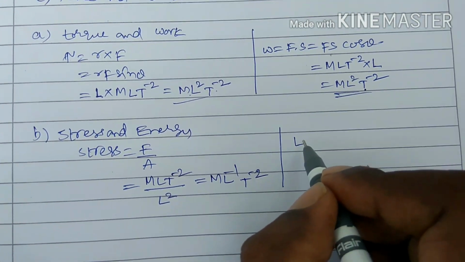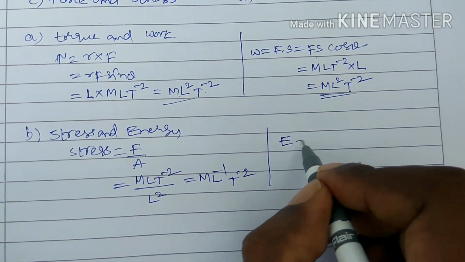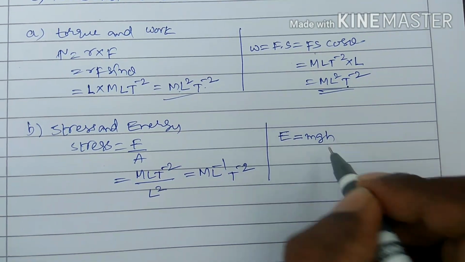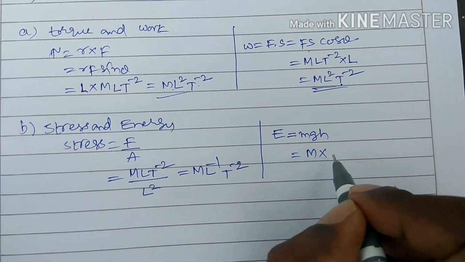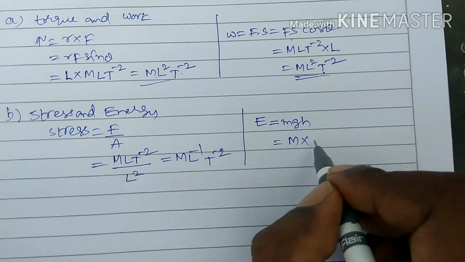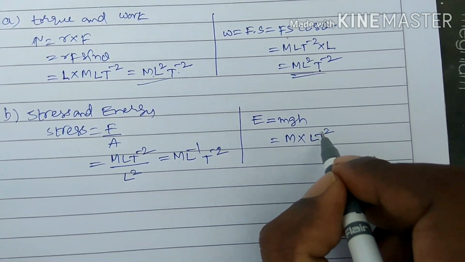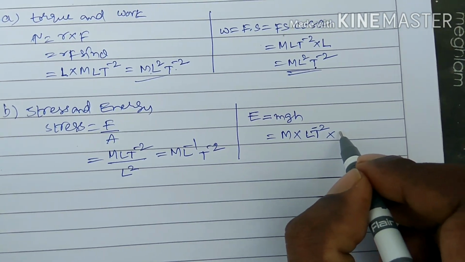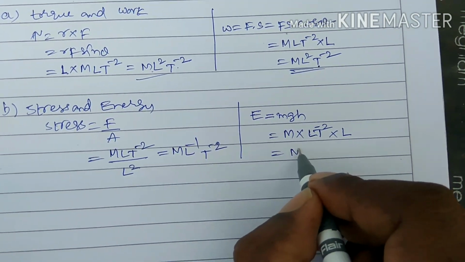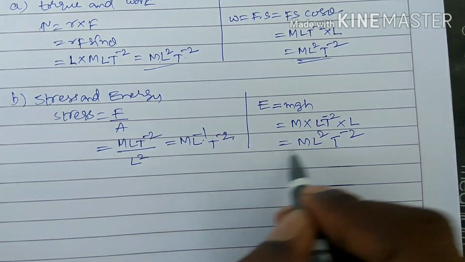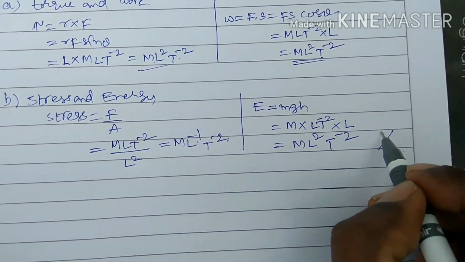And similarly energy, E is equal to mgh or half mv square. We can write it as mgh: mass into acceleration due to gravity, L T minus 2, into height, which is L, so it is M L2 T minus 2. So here M L minus 1 T minus 2 and M L2 T minus 2 are not identical.